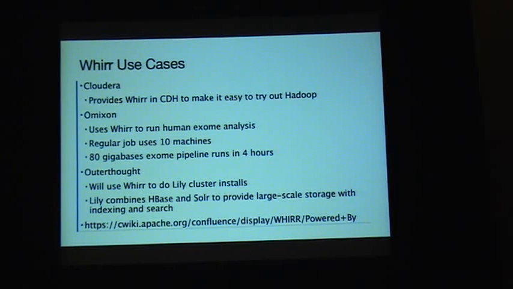It's apparently a subset of the genome, the coding part of the genome, and they do individual analyses for people. They use Whirr to run a job on a small number of machines in EC2, and they can do the analysis in a few hours.